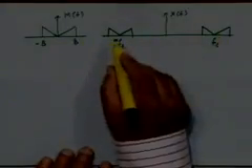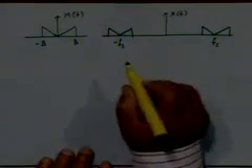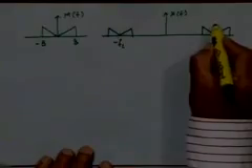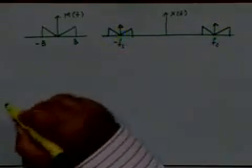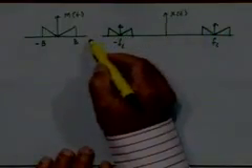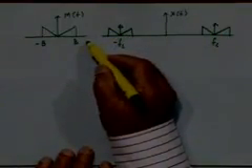The same spectrum translated to plus fc and minus fc, and in addition there is a carrier component which was not there in the suppressed carrier modulation.